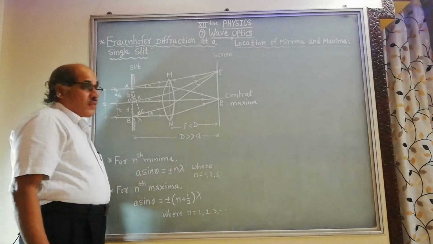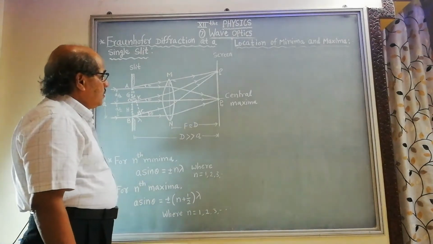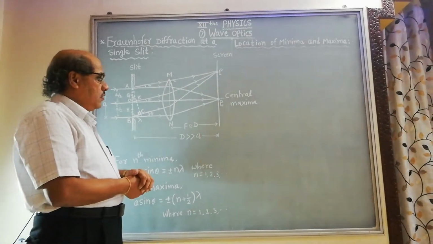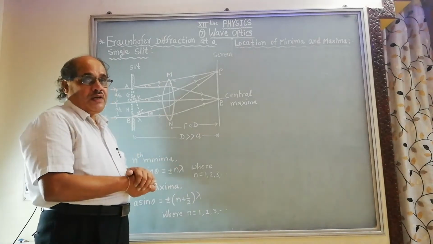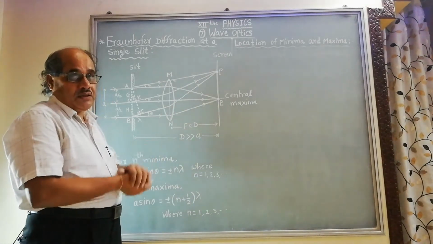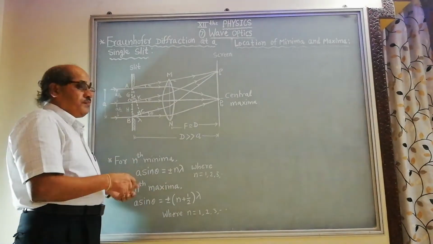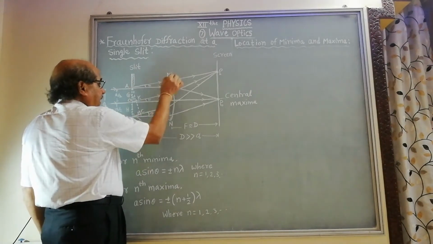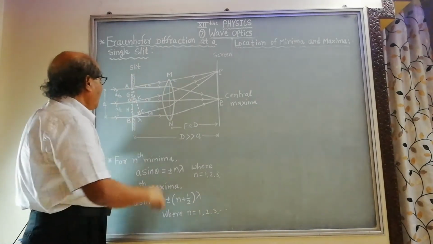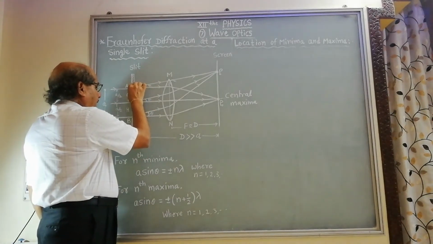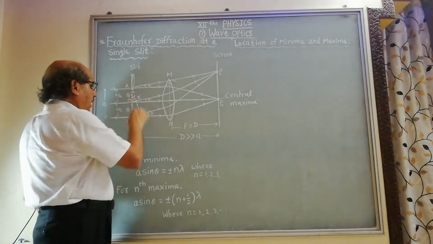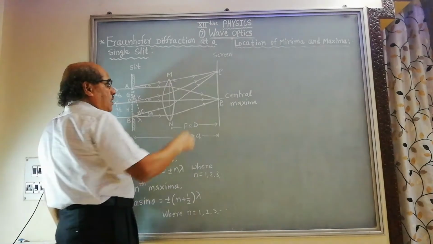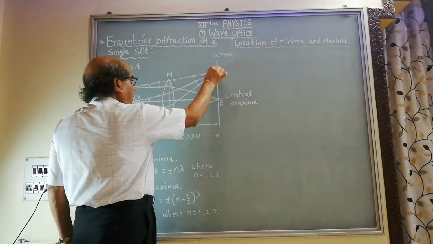Now we can find out the location of minima, the position of secondary minima. Here we have the rays emerging from point A and point B and the midpoint O, and those rays reach point P on the screen.